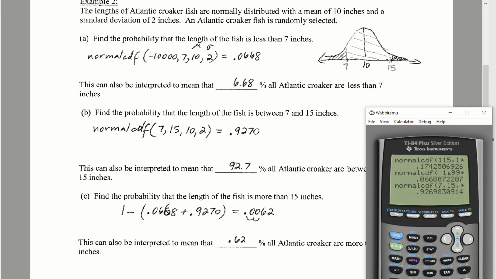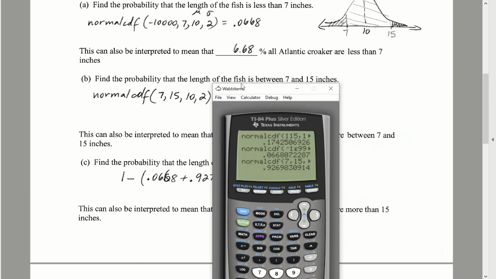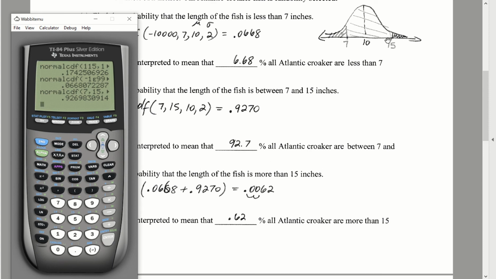One way you could find the probability that it's more than 15 is if you did 1 minus these two areas combined. That would also give us the area that it's above 15. Or we could just do it as one simple calculation using our normal CDF. For this particular region right here, more than 15 would mean this region above.